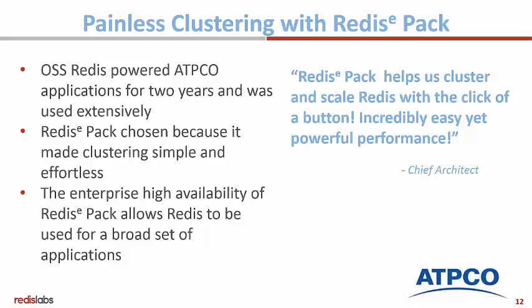PAC is the name of the enterprise product that's deployed on site, on premise, in their own data center. They chose Redis PAC because it made clustering very simple and very effortless. And there's a quote there from one of their chief architects saying it's very easy to do with a click of a button, very powerful and easy to use.